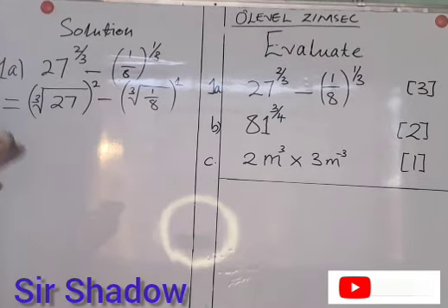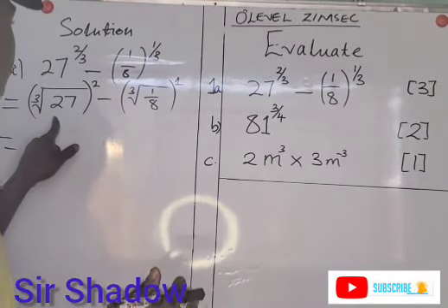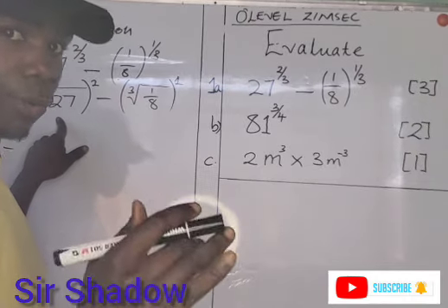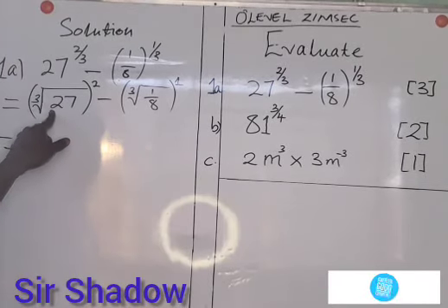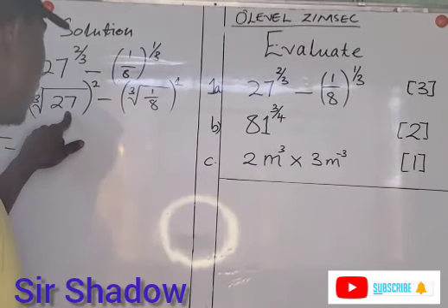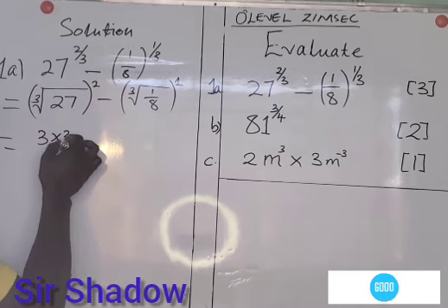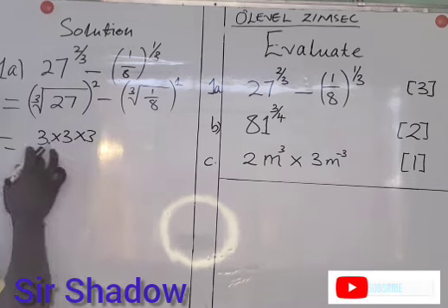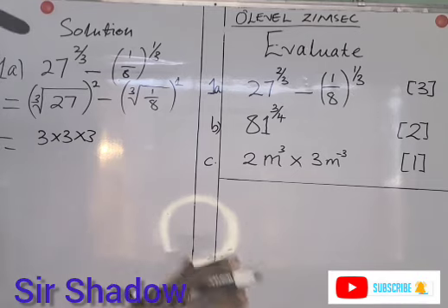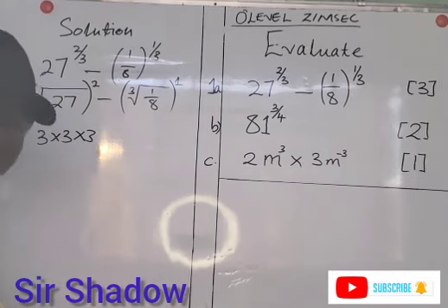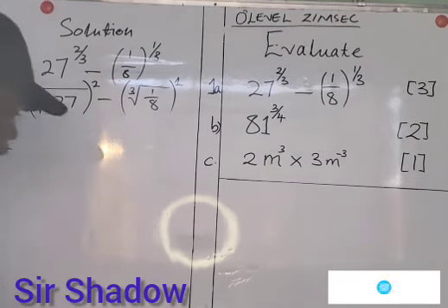If you multiply that same value by itself 3 times, it will give us 27. So 3 times 3 times 3 gives us 27, which means that value becomes 3.